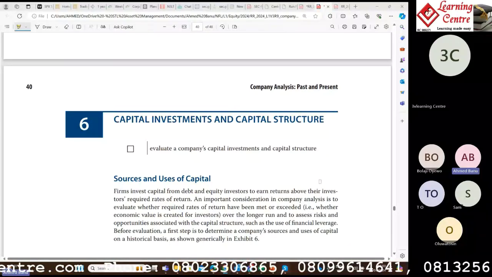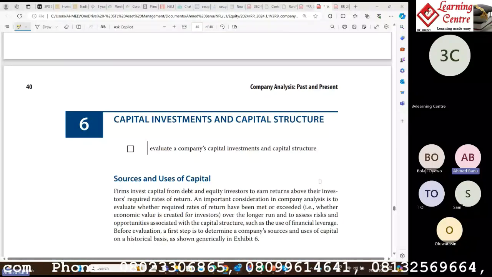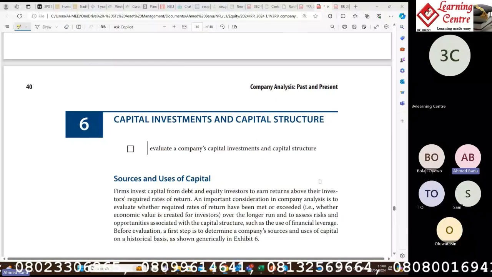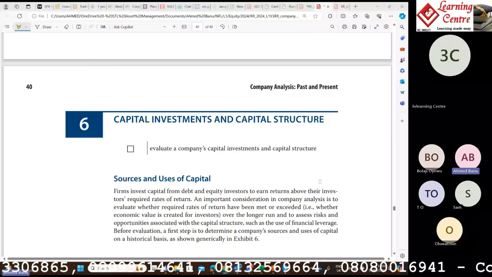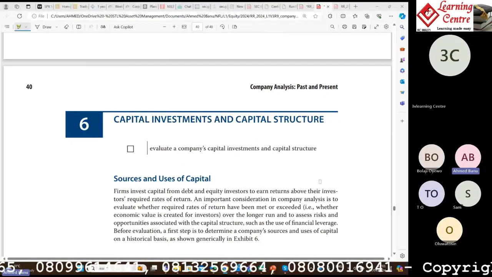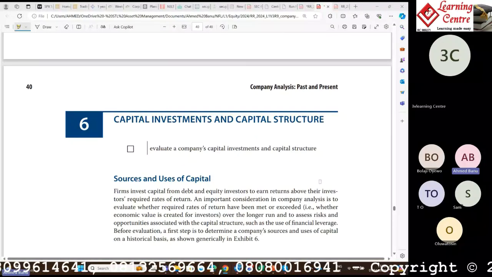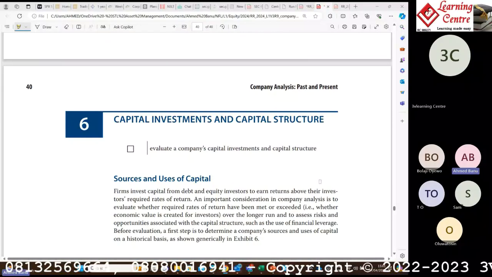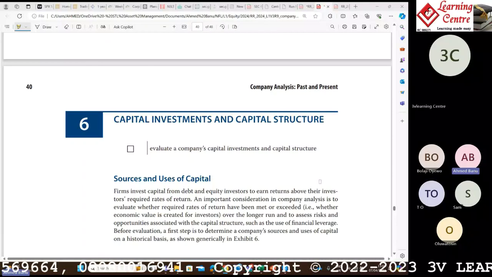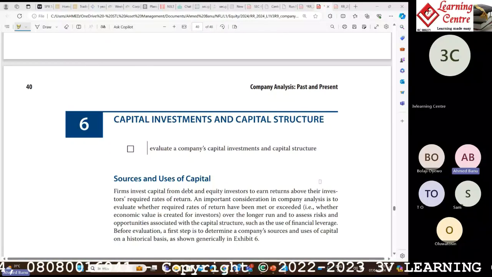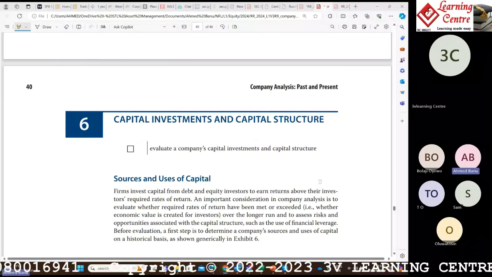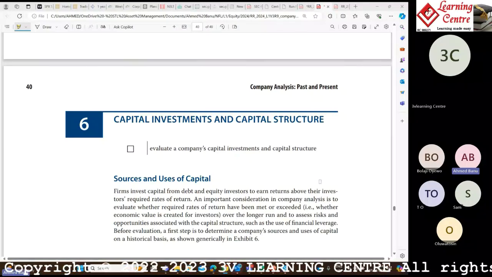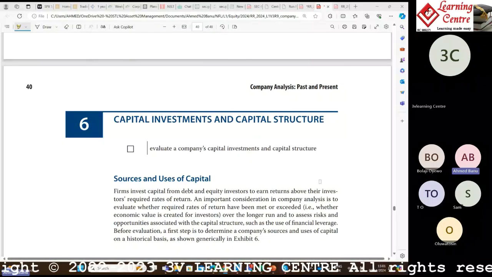Firms invest capital from debt and equity investors to earn returns above their investors' required rate of return. An important consideration in company analysis is to evaluate whether required rates of return have been met or exceeded, whether economic value is created for investors over the long run, and to assess risks and opportunities associated with the capital structure, such as the use of financial leverage.